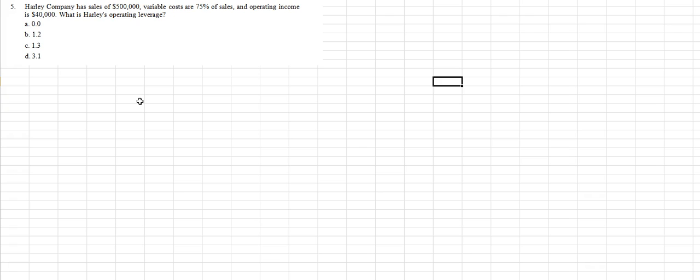Okay, so in this case, this is simply a matter of memorizing a formula. So you go to your review sheet, or you go to your PowerPoint slides and you look up the operating leverage formula.